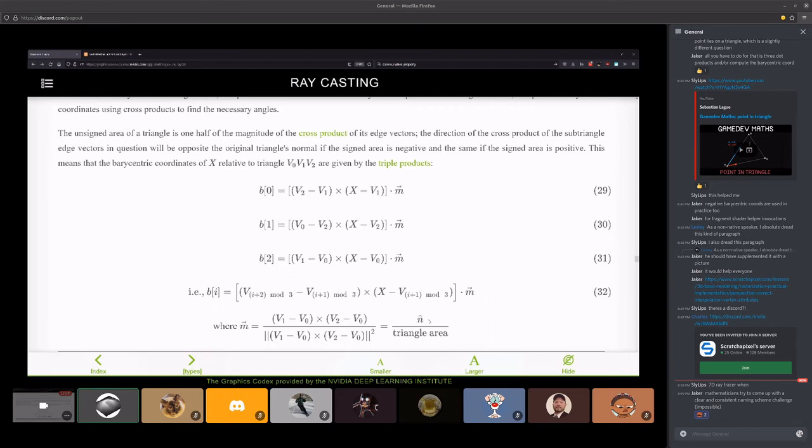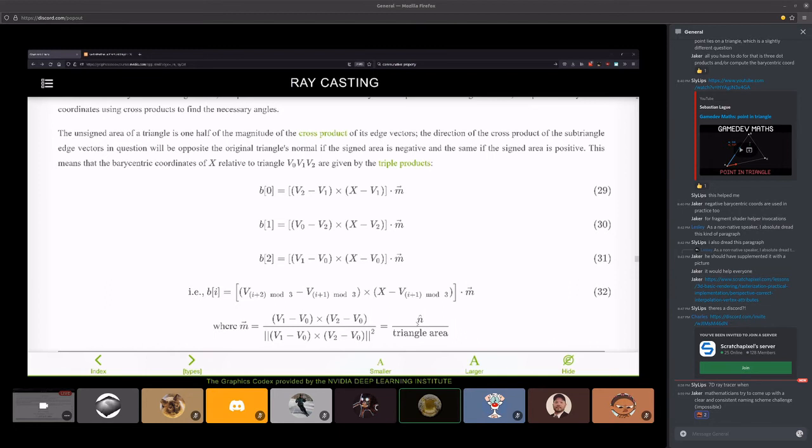It's the normal of the triangle divided by the triangle area. So it's normalizing the normal vector of the triangle, because the normal vector is pointing in the same direction as the cross product, right?